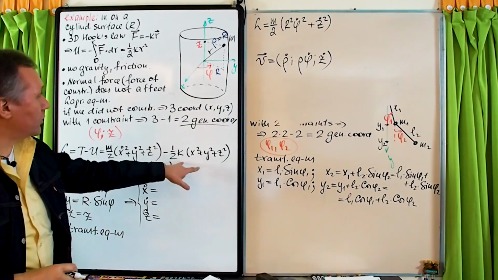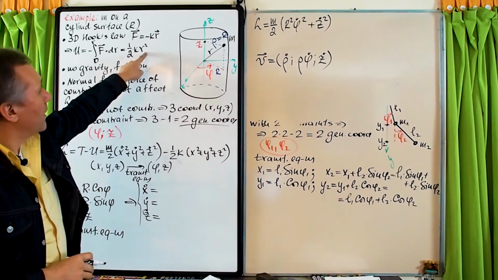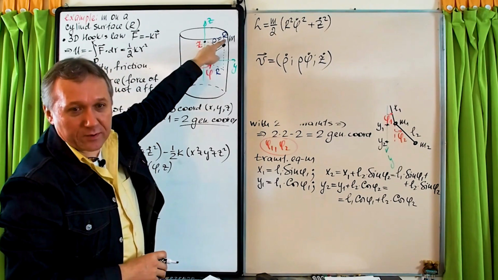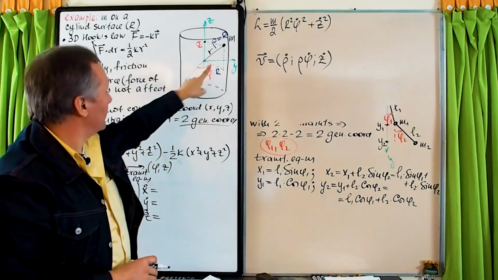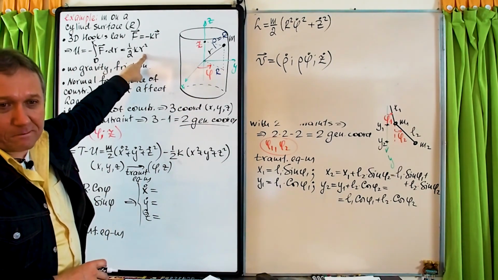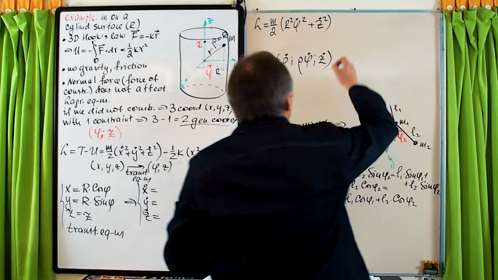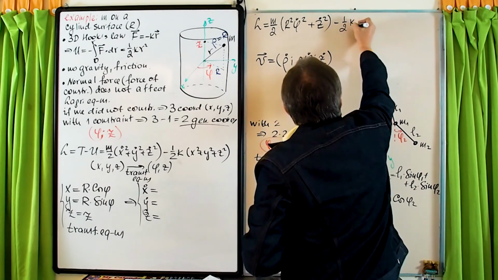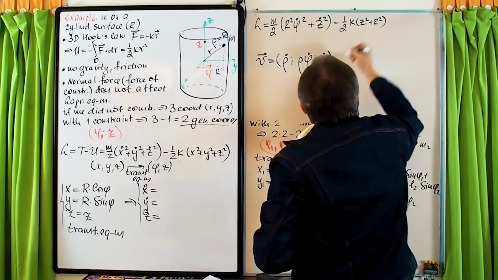And for the potential energy, r squared will be z squared plus R squared, from this right triangle. Again, remember, this is a spherical coordinate, which we're not going to use; we're going to use cylindrical. So minus 1 over 2 k times z squared plus R squared.